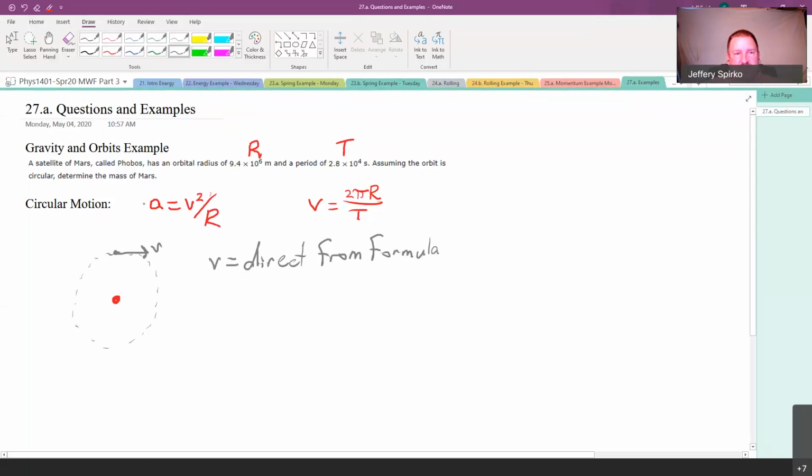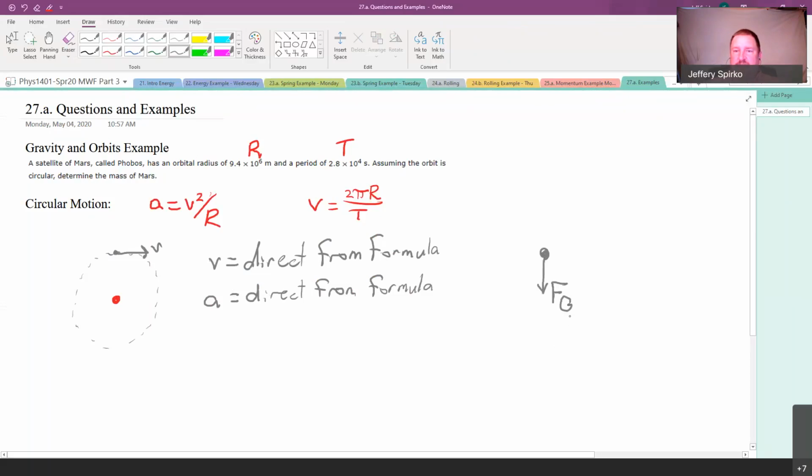So that part's easy. Then, since this is circular motion, we know the acceleration is the same thing. And then we have to think about the force diagram for this thing. This object is experiencing just the force of Newtonian gravity.